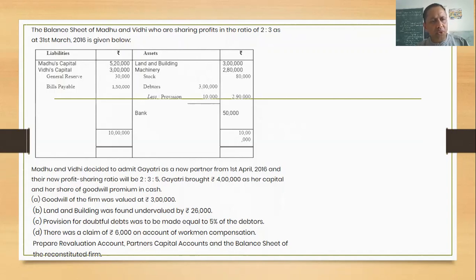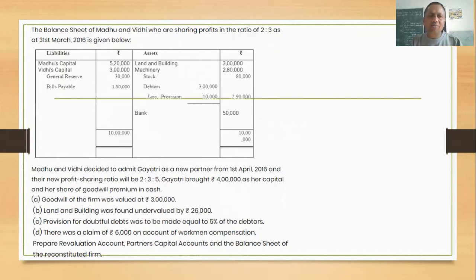So the second point is that land and building was found undervalued by 26,000. It means the value of land and building shown in the balance sheet, 3 lakh, is undervalued by 26,000. So we are increasing this by 26,000, taking the value up to the mark.